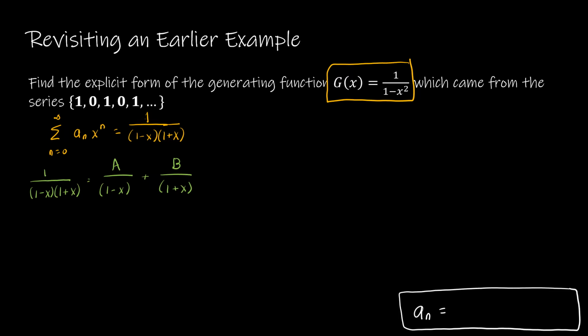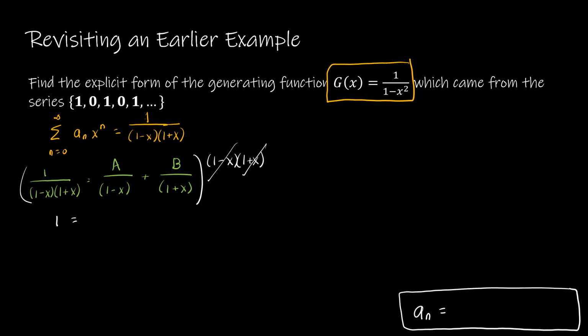Well, the first thing I would do is multiply everything, the whole thing, times (1 minus x)(1 plus x). If I multiply the first fraction times (1 minus x)(1 plus x), obviously we can see that 1 minus x would cancel, 1 plus x would cancel, and that would leave me with just 1.